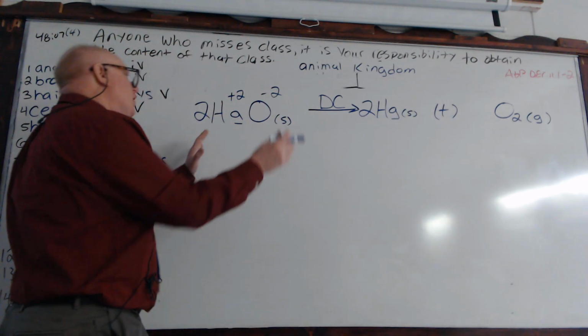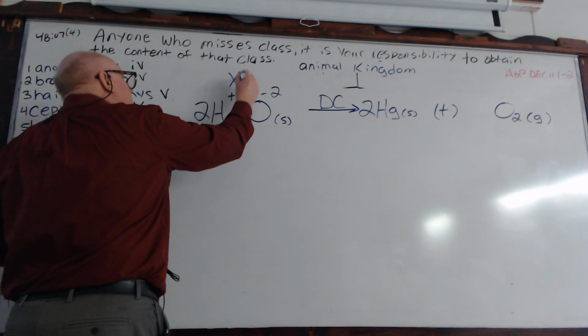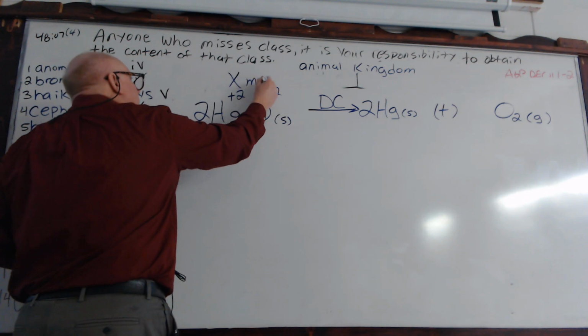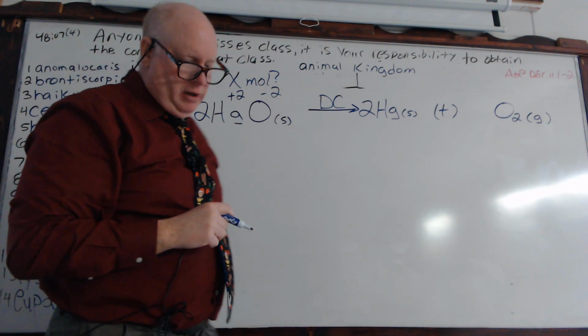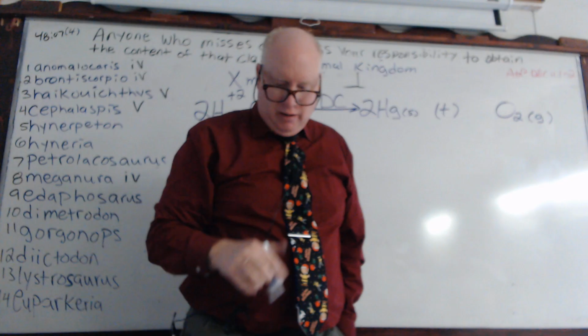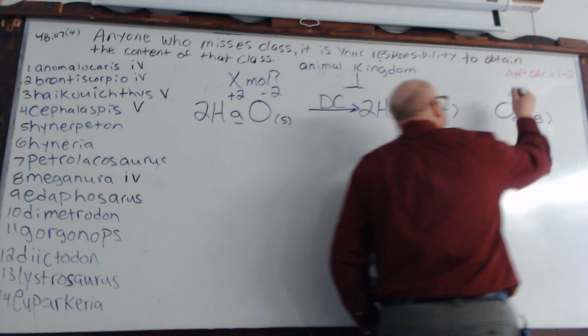Okay? Here's our mercury II oxide. It's saying how many moles? Well, of course, if it's asking for how many, we don't know what that is. That's what we're looking for. Okay? Then it's saying are needed to produce 125 grams of oxygen.